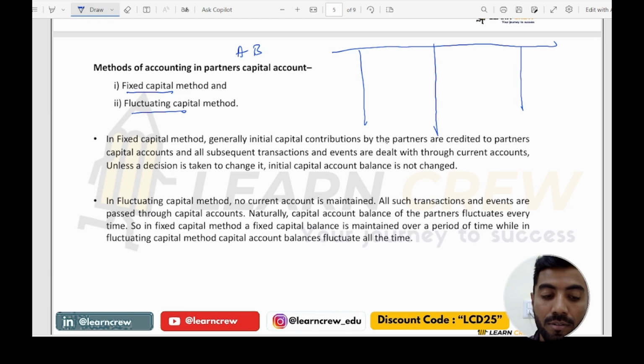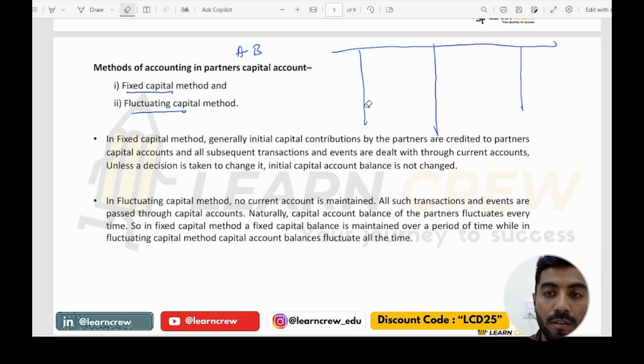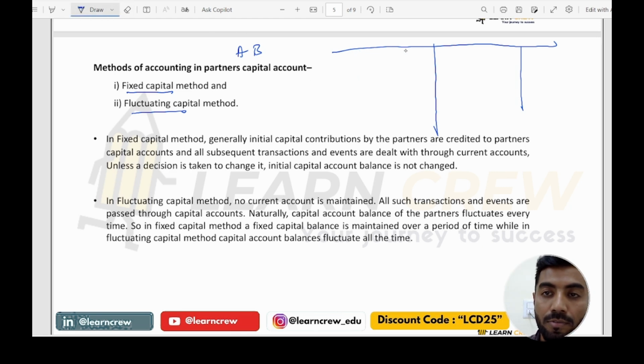This will be the format of the partners' capital account: particulars, A, B, and again particulars, A and B. Here we'll have all the opening balances, and the reserves, all those things we will transfer. But mainly, talking about the fixed capital method, we have the opening balances of A and B.